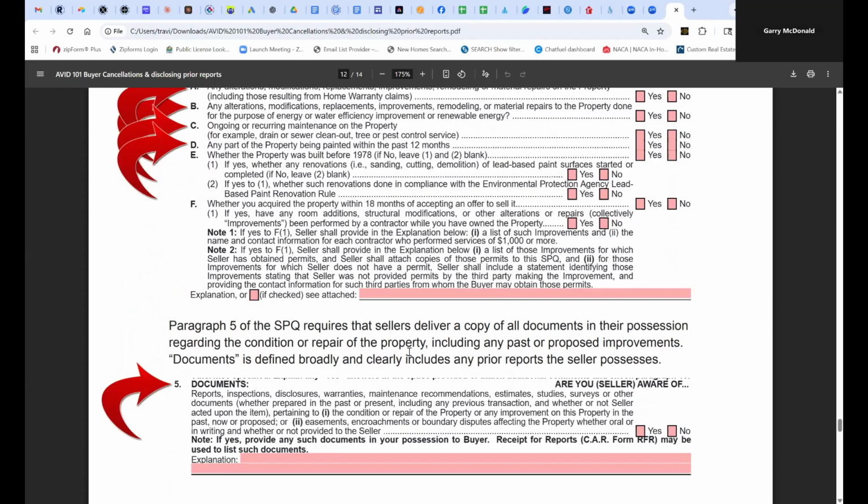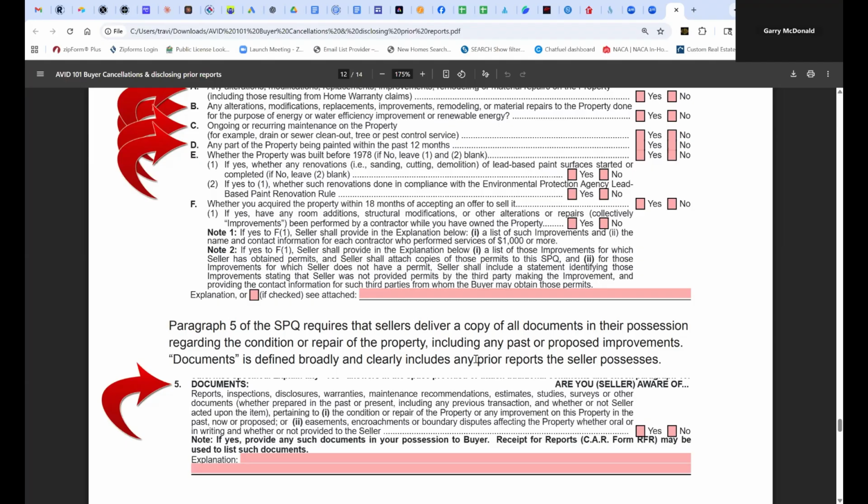Paragraph 5 of the SPQ requires that the seller deliver a copy of all documents in their possession regarding the condition or repair of the property, including any past or proposed improvements. So if they had planned on building an ADU, maybe they went through some process on it, whatever they have needs to be turned over, even if they didn't end up building that ADU, or maybe they were going to put an addition on or something like that.